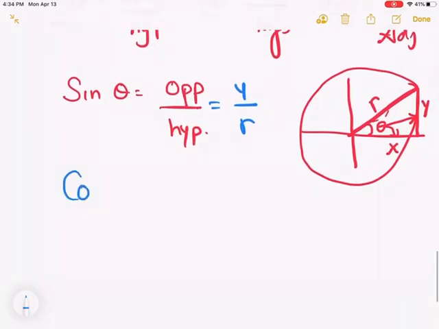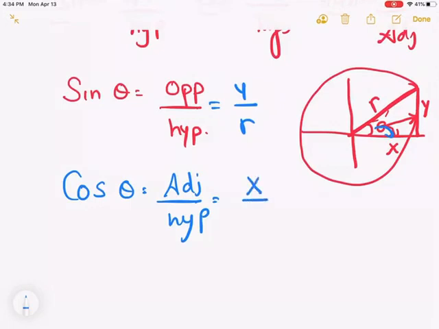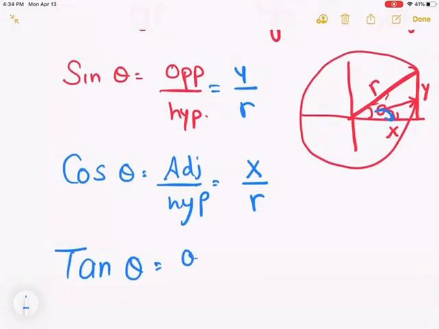Let's say I have cosine. You know, cosine is adjacent over hypotenuse. If I'm looking at the adjacent side for this angle, I'm looking at the x-axis. So it would be x, and the radius, which is the hypotenuse, stays the same. And then I have tangent. Tangent theta would be opposite, which is y, over adjacent, which is x.